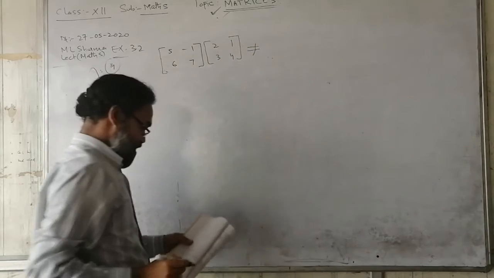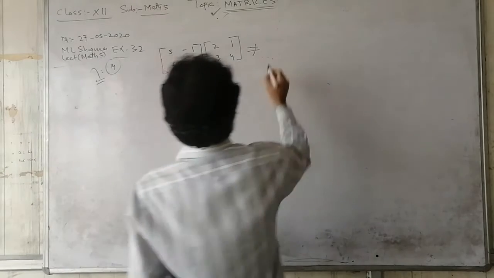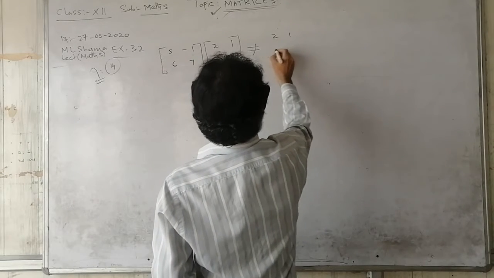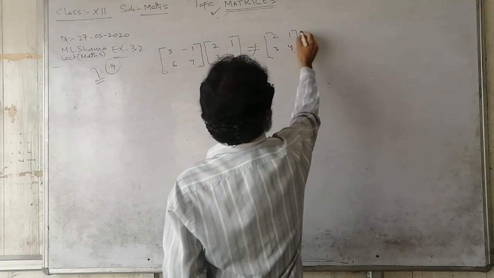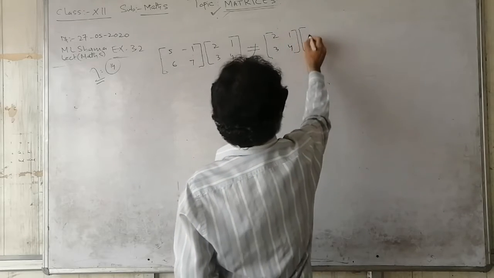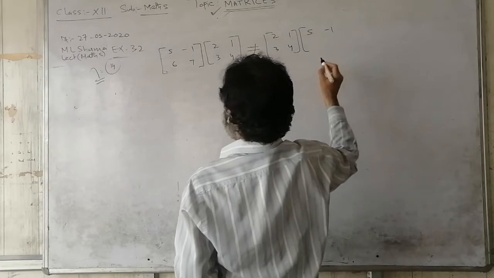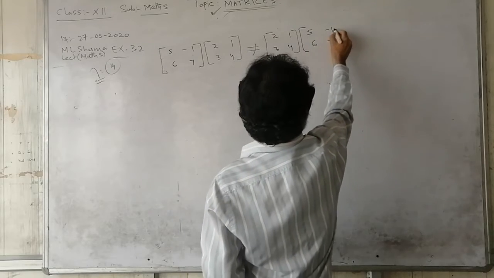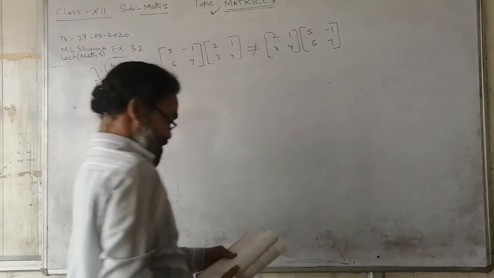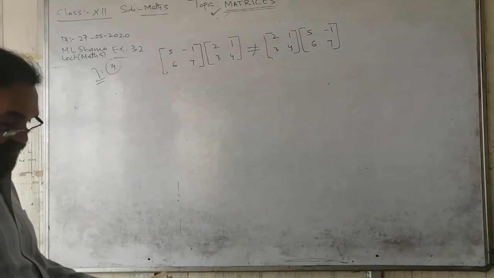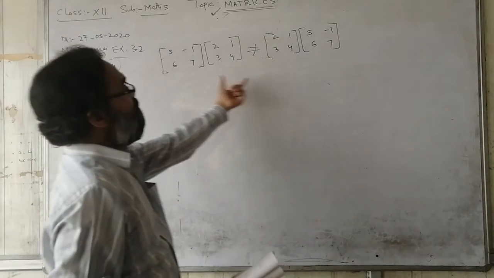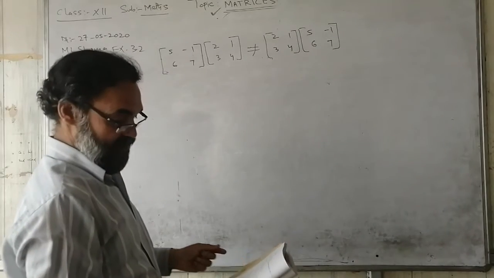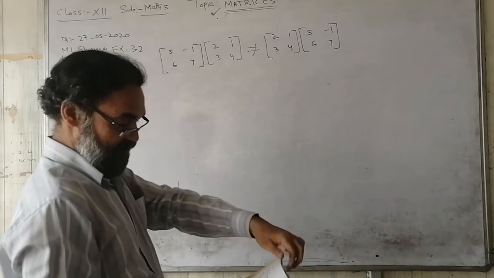This is not equal to 2, 1, 3, 4, 5 minus 1, 6, 7. So you have to show the product of first two matrices is not equal to the product of other two matrices.